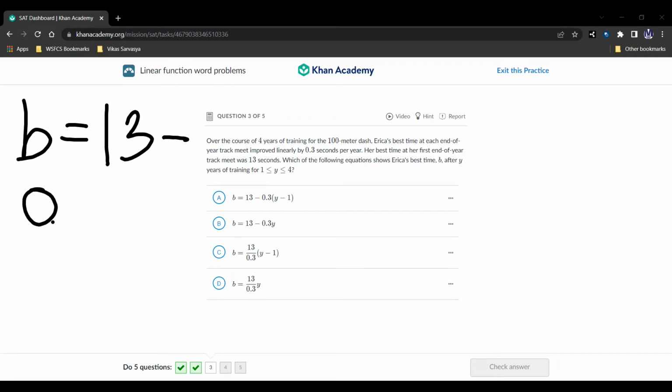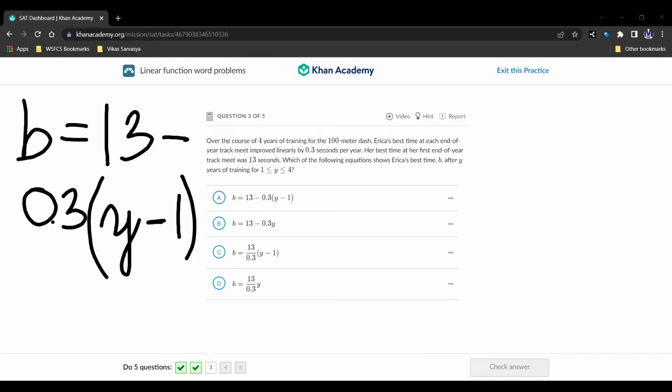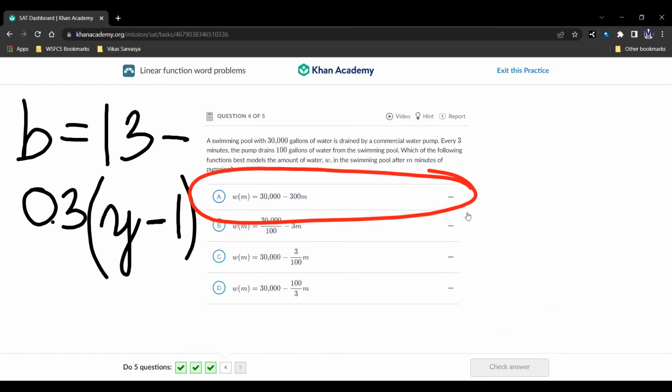But her best time at her first end-of-year track meet was 13 seconds. So after a year, it was 13 seconds, not 13 minus 0.3. So then we have to do the minus 1 again. So now our answer is going to be choice A, and let us move on.